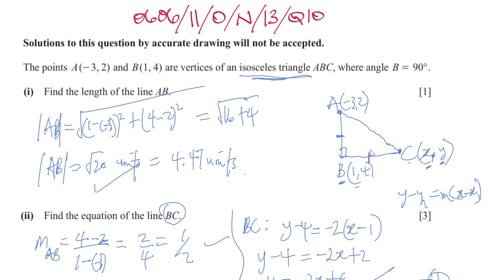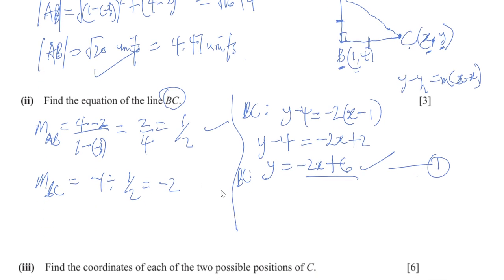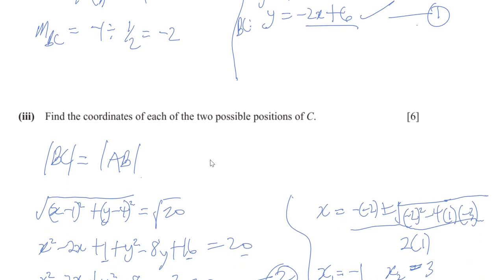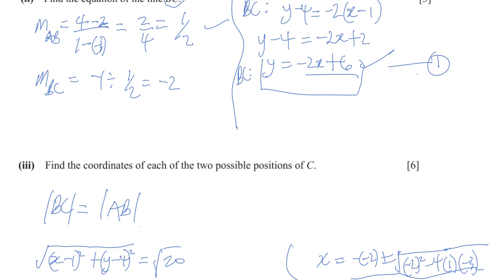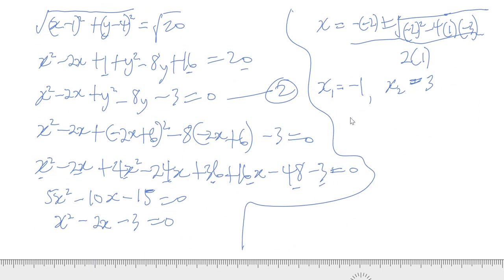We are left with the y coordinate. So how do we solve? Substitute the x values found into equation 1. So this is what we want to do now. y1 is going to be minus 2x plus 6.